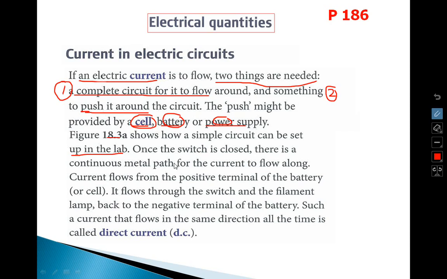As we can see in this circuit, once the switch is closed, there is a continuous metal path for the current to flow along.